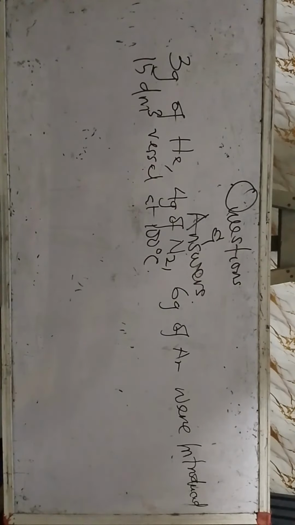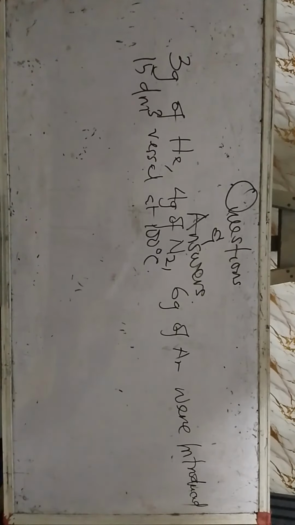How do we do this? The molar mass of helium is 4, the molar mass of nitrogen is 14, and the molar mass of argon is 39.9. And 1 atm equals 1.0132 times 10 raised to the power 5 Newton per meter square. So that is the question.